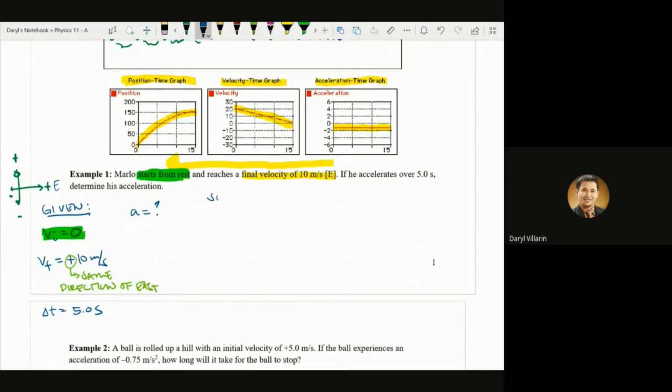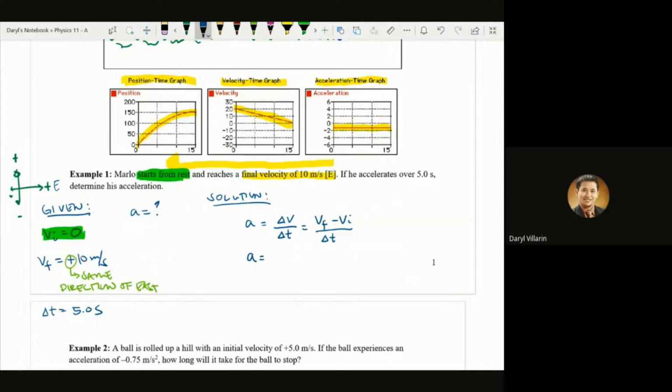For your solution part, you always start with your equation, like a is equal to delta v over delta t, or this is just vf minus vi over delta t. And by the way, in my computation, take note that you have to specifically indicate the direction also.